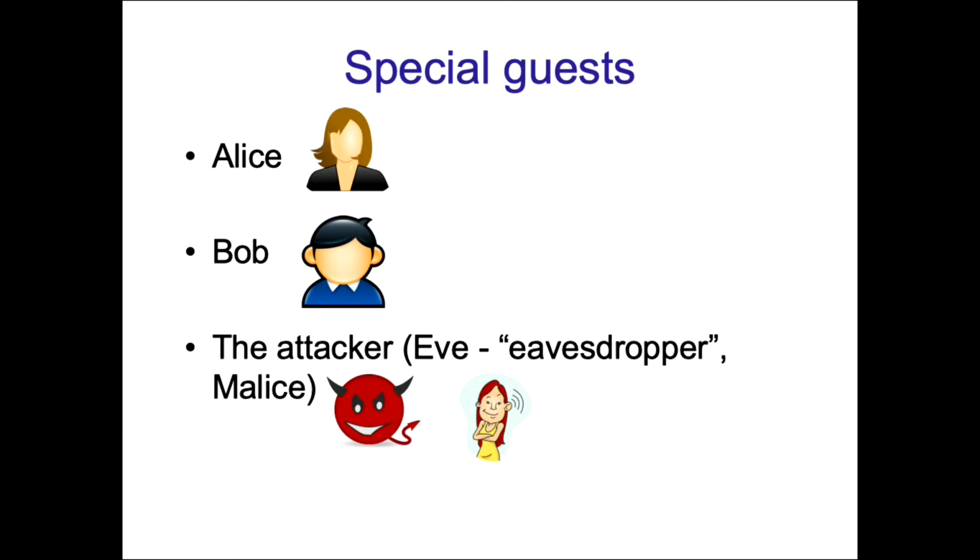So Eve usually is an eavesdropper, so she just listens to conversations or snoops on a server, doesn't actively make changes or corruption, whereas Malice is more malicious, so she can actually try to actively change things. And we'll see when we talk about attacker models the difference between the two. And then sometimes Chris shows up too, depending on the protocol.